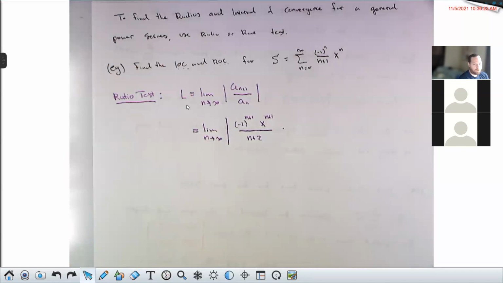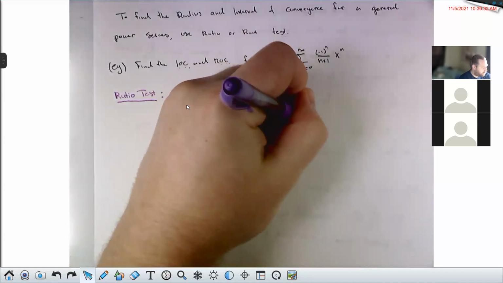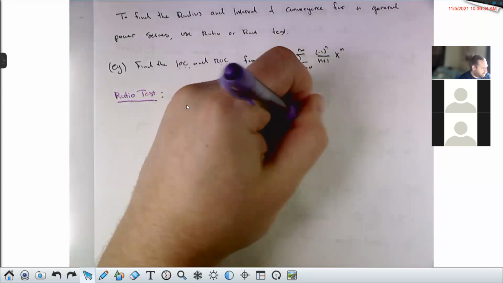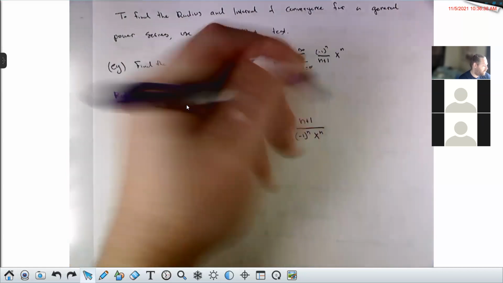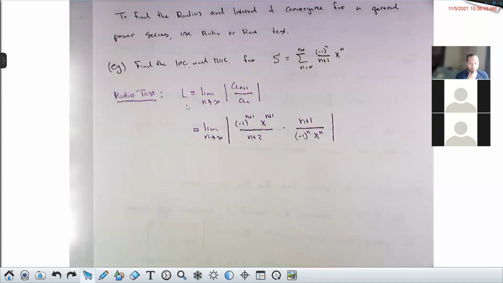So there's your a_(n+1). And now I want to divide by a_n, so I'll multiply by its reciprocal. So that is n plus 1 divided by (-1)^n x^n. And in the same spirit we did leading up to exam 2, we're going to shuffle things around and put the like terms together.